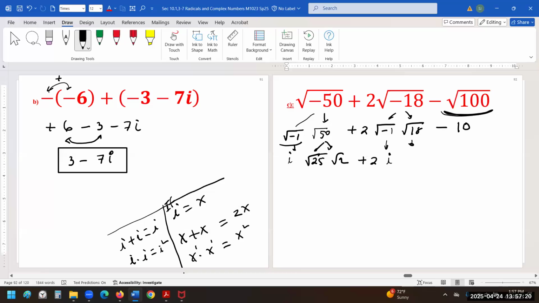i. Square root of 9 and square root of 2. Minus 10. Only 5.